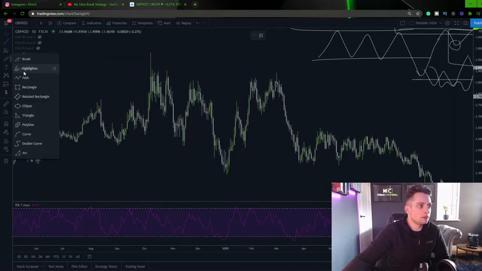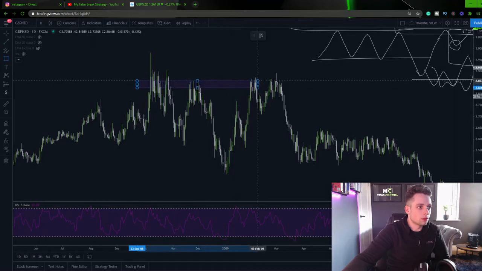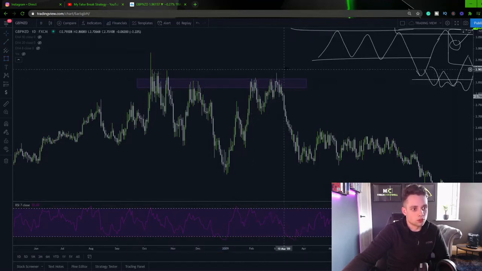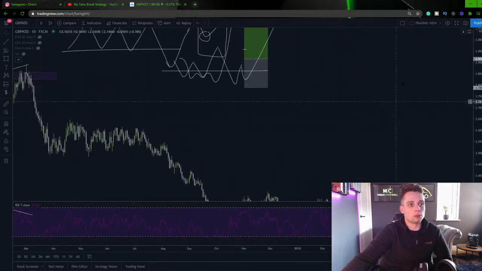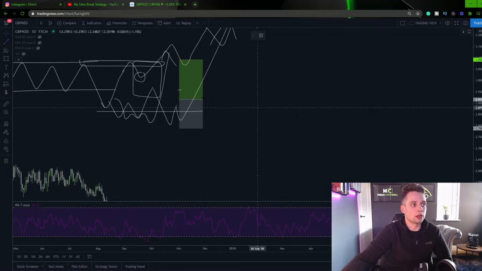To me, that level has been respected. And if you look at what I was saying about the RSI divergence, we do actually get divergence on the RSI. If you look at these highs and these highs, we get divergence on the RSI, then we get a rollover.